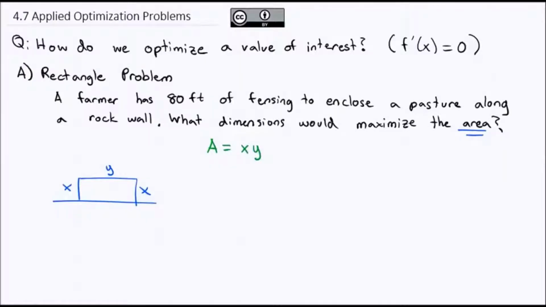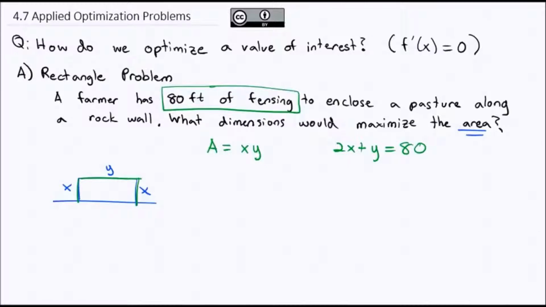But that gives us 2 variables, so we need to constrain one of those variables so that we can reduce it down to 1 variable. And that's going to come from the limit we're given, is that we have 80 feet of fencing available to us. Well, if there's 80 feet available to us, that means the total distance, x plus y plus x, or 2x plus y, has to equal the 80 feet of fencing.